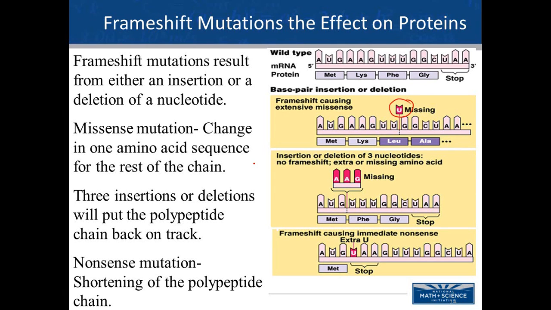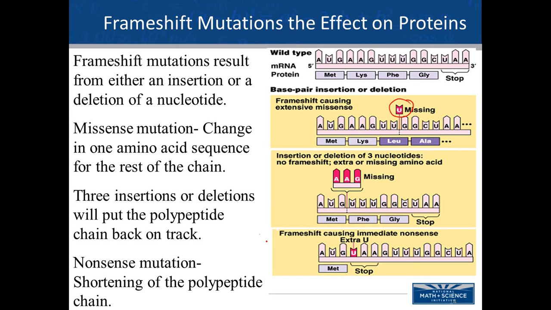A change in one amino acid is going to change the sequence for the rest of the polypeptide chain. Okay? Alright, now remember we have mentioned that the typical polypeptide chain is 400 amino acids long, and that genes typically may be 8,000 nucleotides long or so forth.